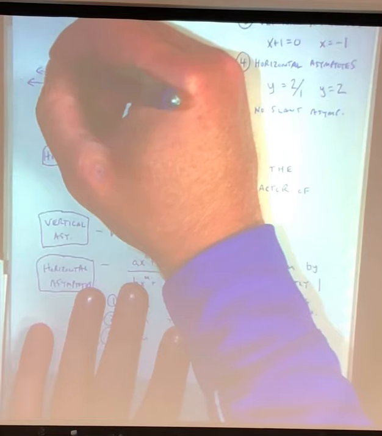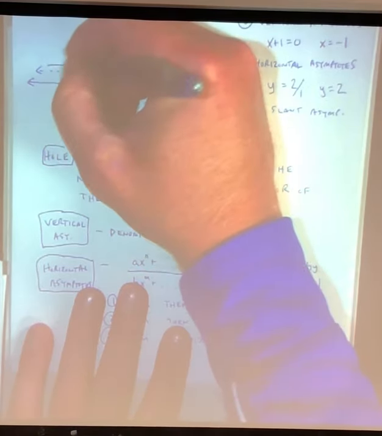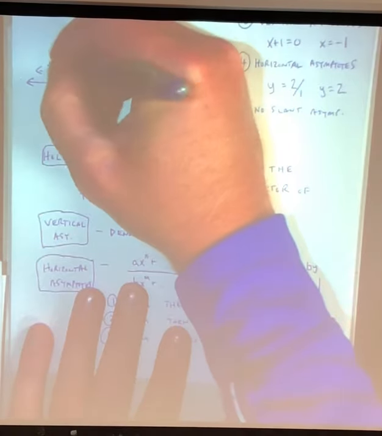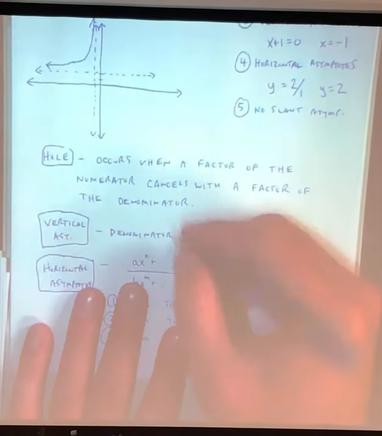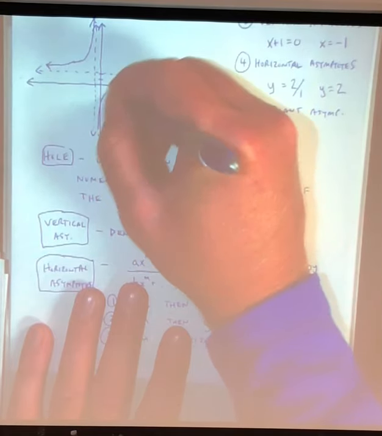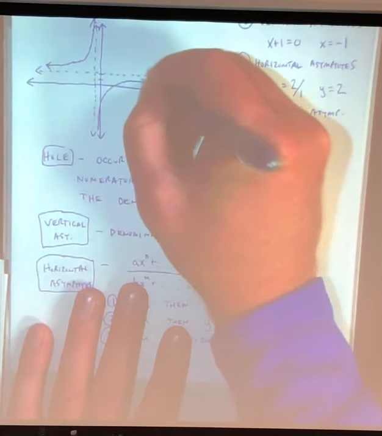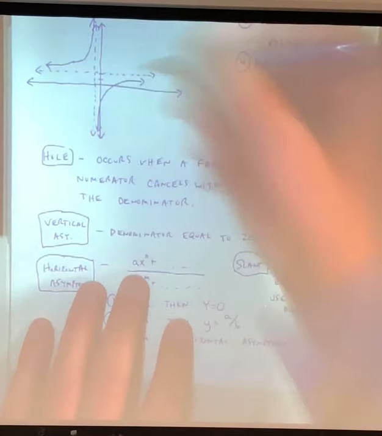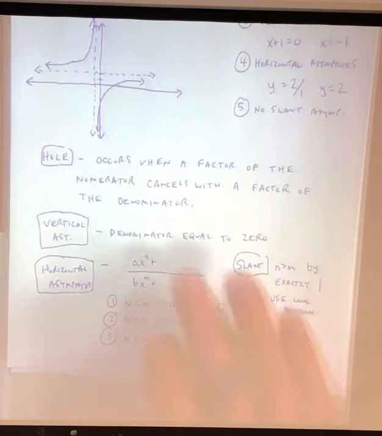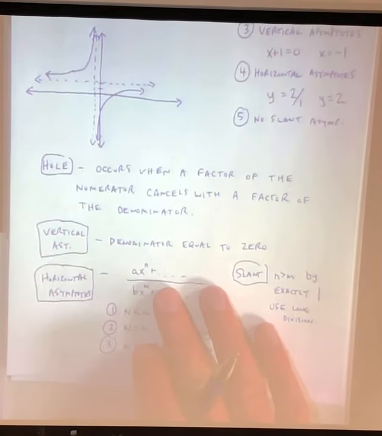When you type this into your graphing calculator, it's going to look something to this effect right here, with the upper left part of the dotted lines, and in the bottom right, it's going to look something to that effect right there.